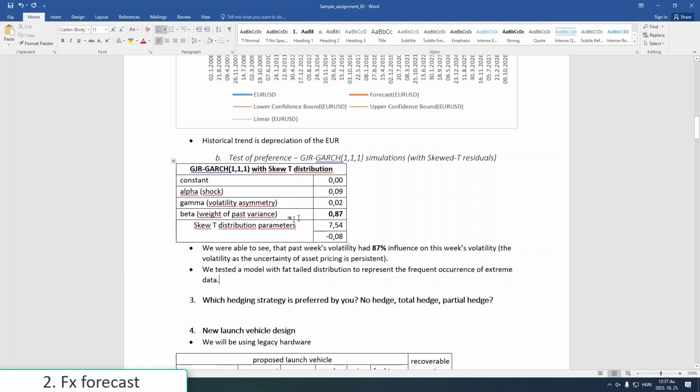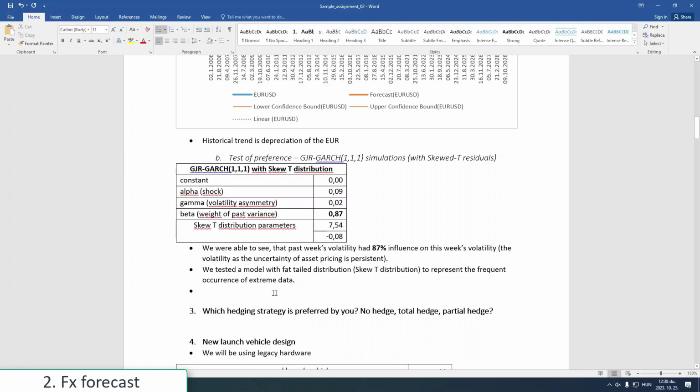So this is why we use this, and still we can say that we are not using the fat-tailed distribution just because it's fun, but also because it's useful.